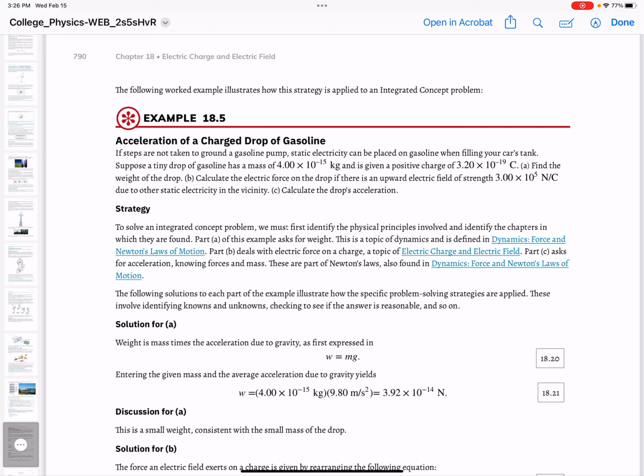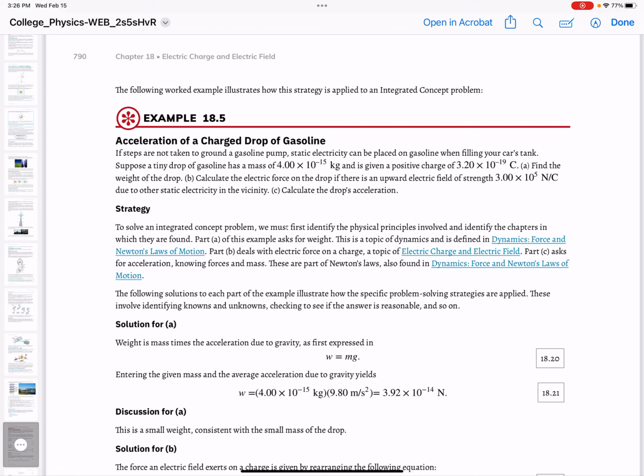So here we go. We've got a tiny drop of gas that has this really tiny amount of mass, and it has a positive charge, 3.2 times 10 to the minus 19 coulombs. We want to find the weight of the drop. So the weight of the drop, we just take that mass and multiply it by g, right?